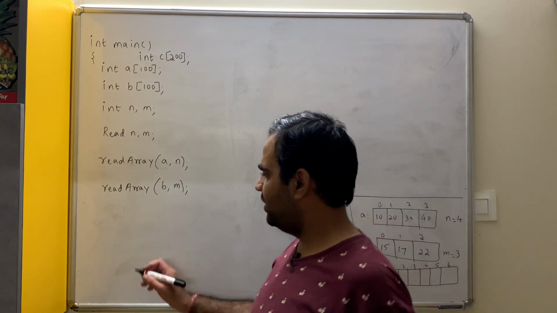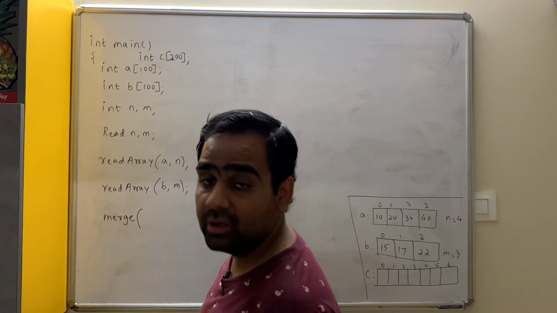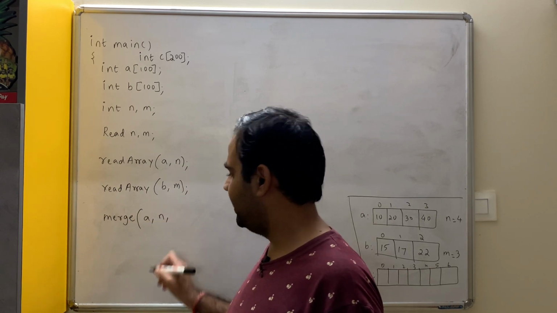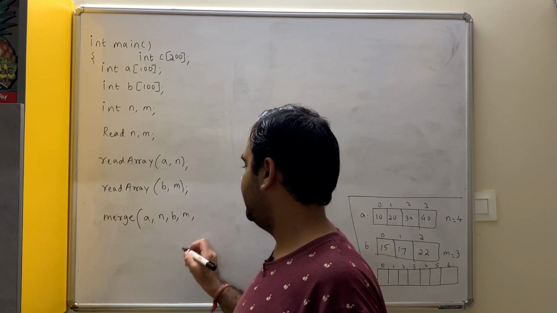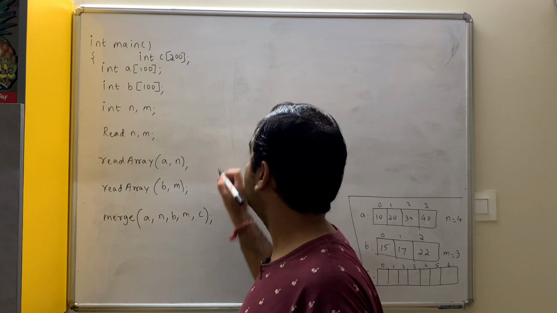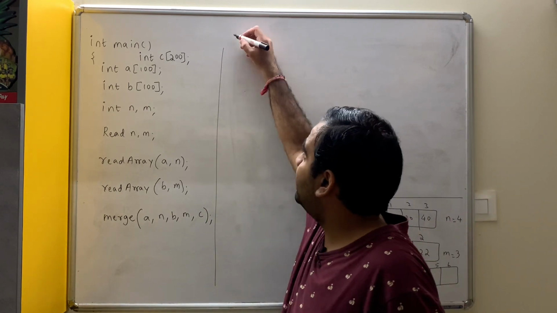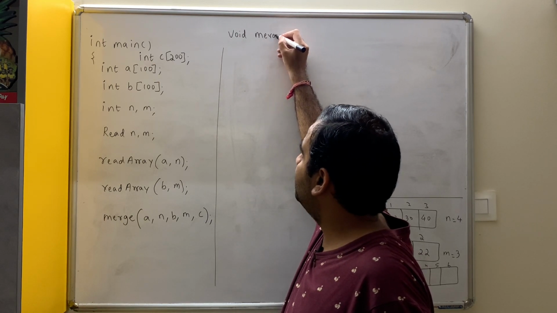Now we will write one function called merge. What do we want to merge? Array A of n array elements with array B of m array elements, and store the answer in C. Is that okay? Now we say here void. The function name is merge.